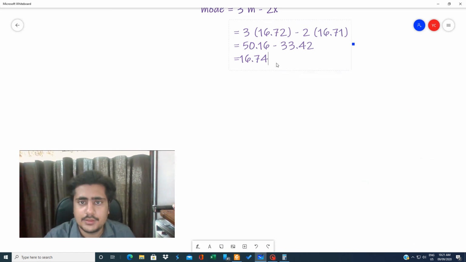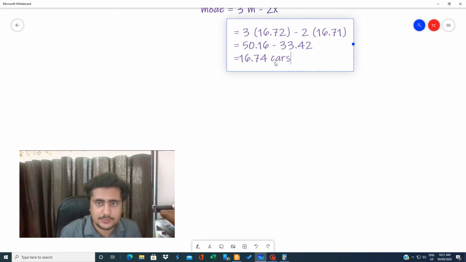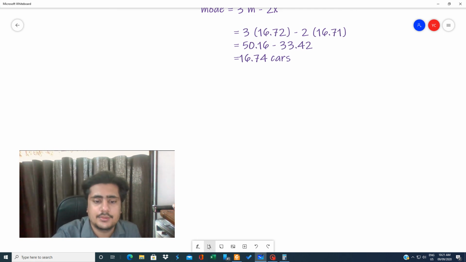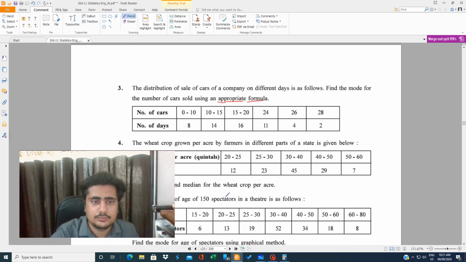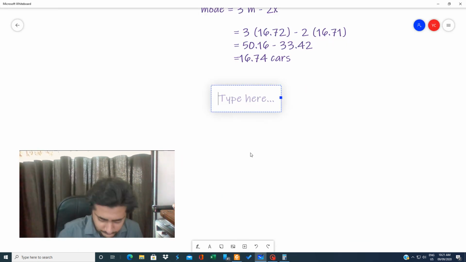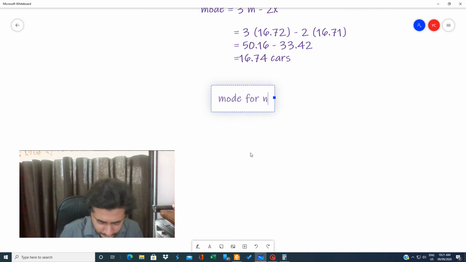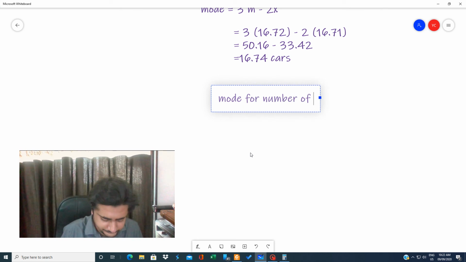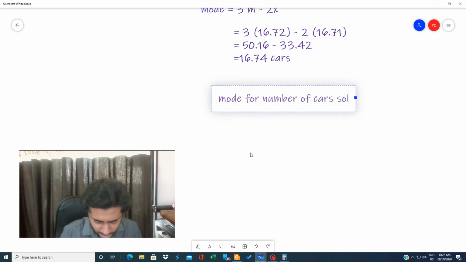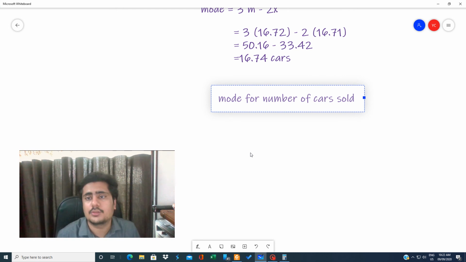So we'll write it as: the mode for the number of cars sold is this value.